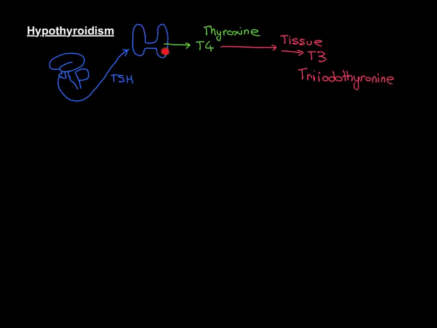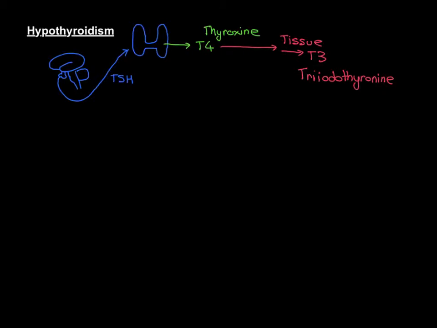Those of you who know a little bit more about thyroid physiology will know that the thyroid actually also does release a little bit of T3 into the blood directly. However, the major one that it produces is T4, thyroxine. Thyroxine moves in the bloodstream to the target tissues, which are all over the body, and at the site where it's going to work, it is then converted into the active form, which is T3, triiodothyronine, and that active form then binds to the thyroid receptor inside cells, and that is a nuclear receptor.